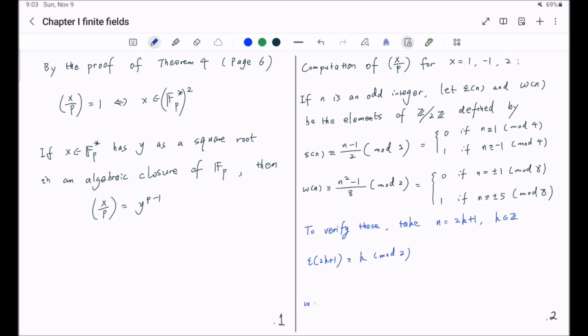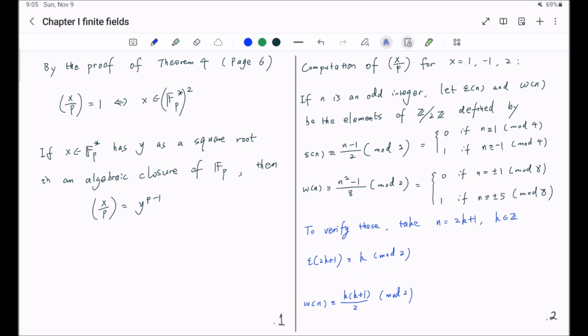And omega of n will be congruent to (2k plus 1) squared minus 1, divided by 8. After simplification, this is k times (k plus 1) divided by 2 mod 2. You know this is always an integer because k and k plus 1 have a product divisible by 2, since one of them must be an even number.